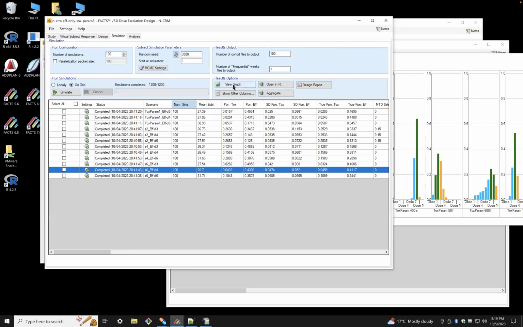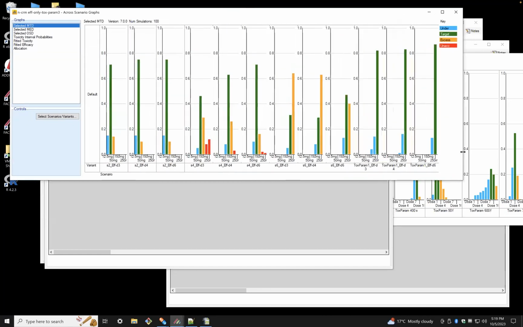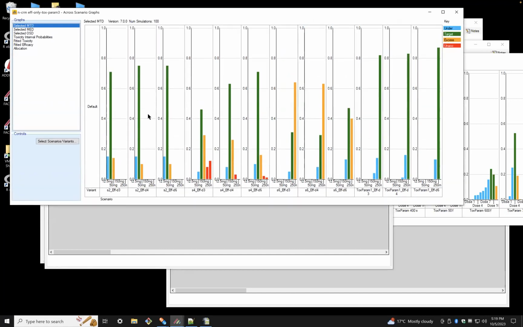So we now get some interesting across-scenario graphs. The first one, as before, shows the selection of MTD. And we might be a little alarmed about how high these are in some places.